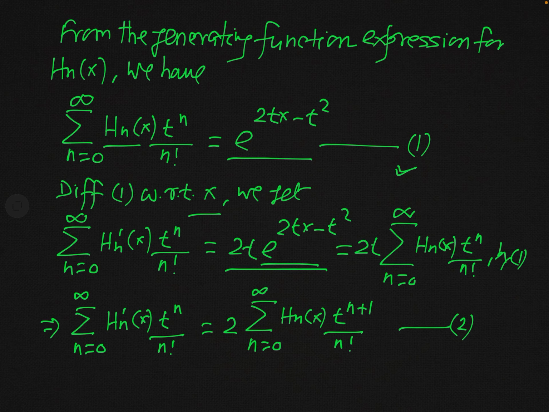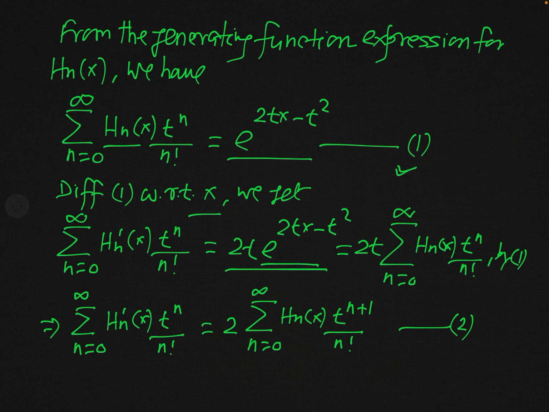Now we can rewrite this expression in this way. LHS remains as it is, and in RHS you can multiply this t to t raised to the power n. So this will be t raised to the power n plus 1, and so we will get this equation 2, as you can see.